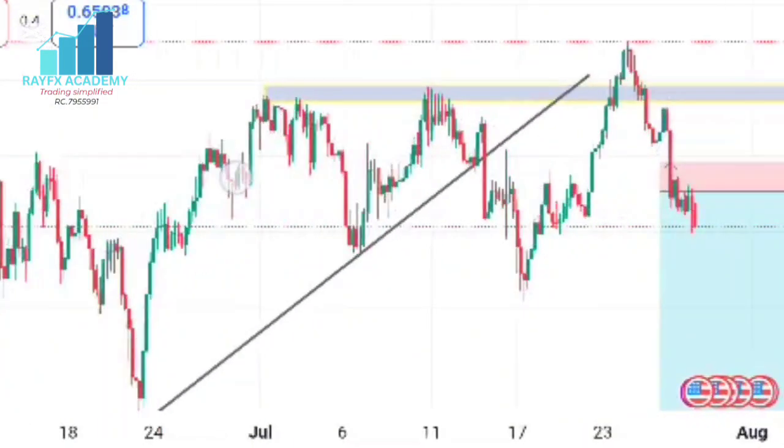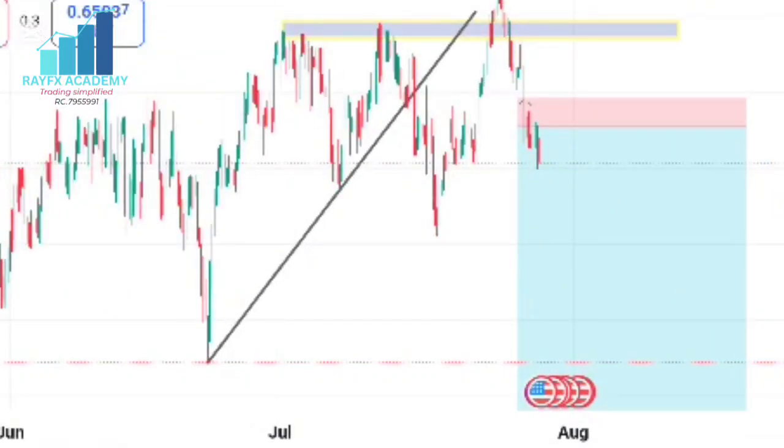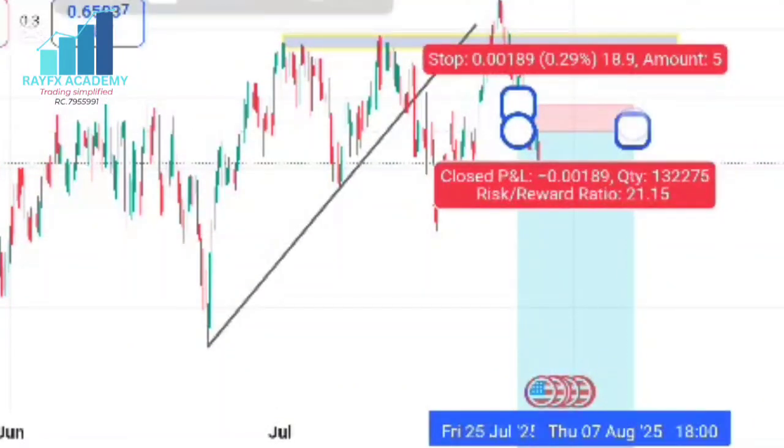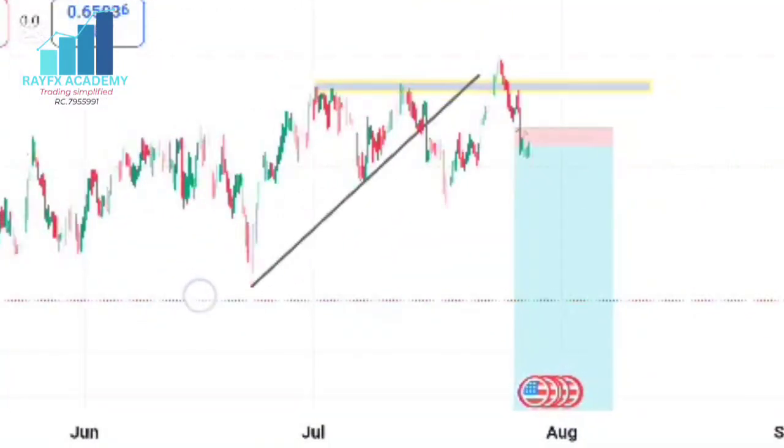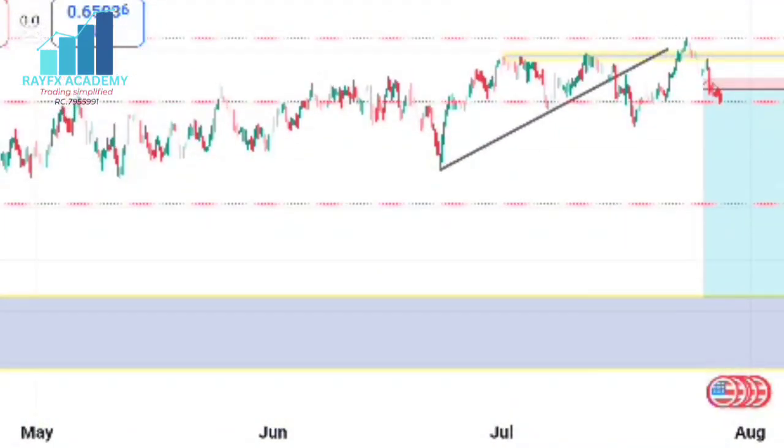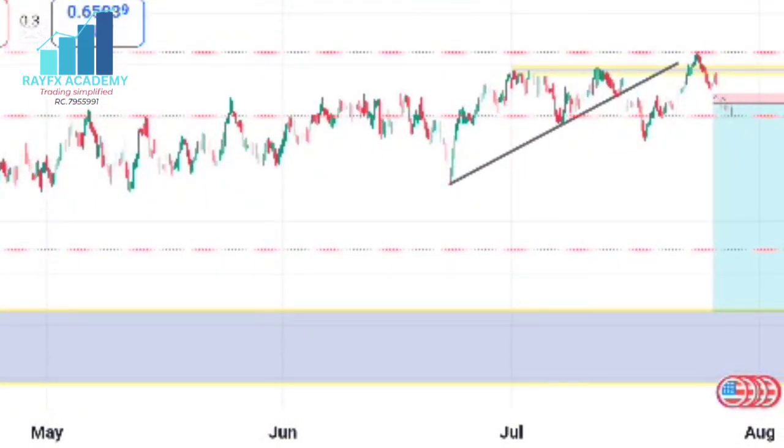So guys, I don't risk more than 20 pips, based on my account and what I'm willing to risk from my account.